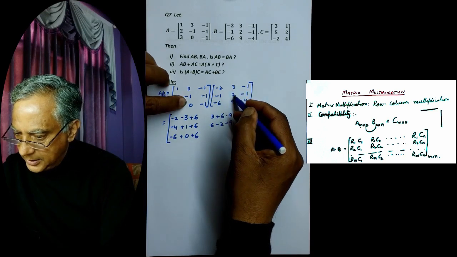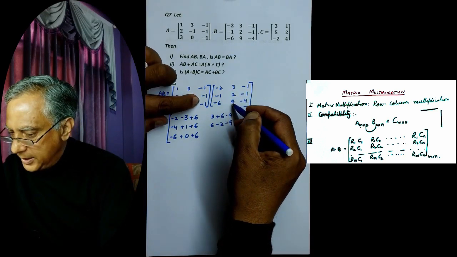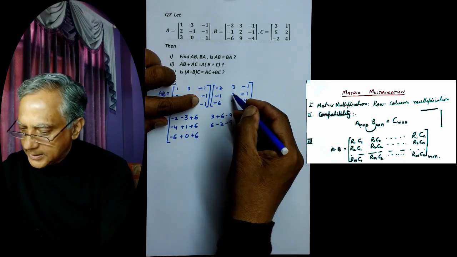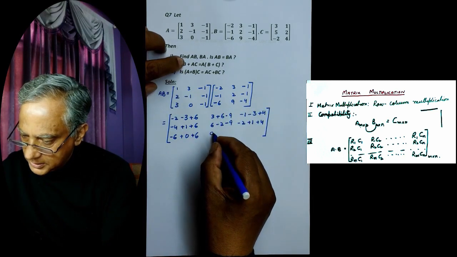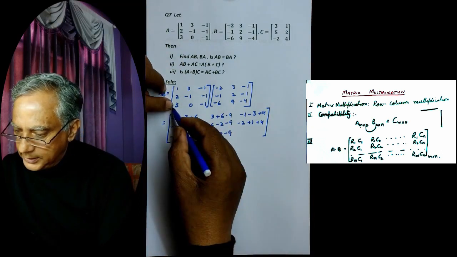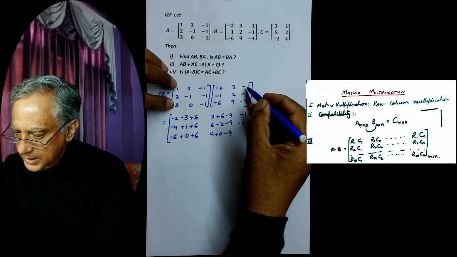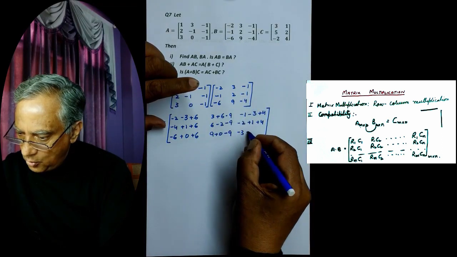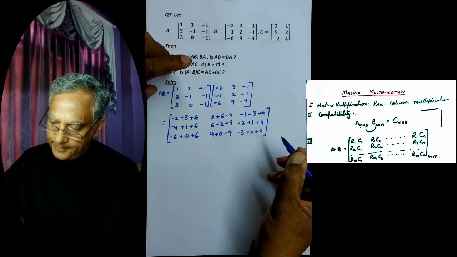Second with second is 0. And minus 1 into 9 is minus 9. So 9 plus 0 minus 9. And this with this. Minus 3 plus 0 plus 4.